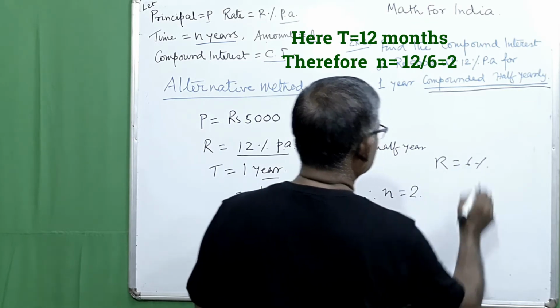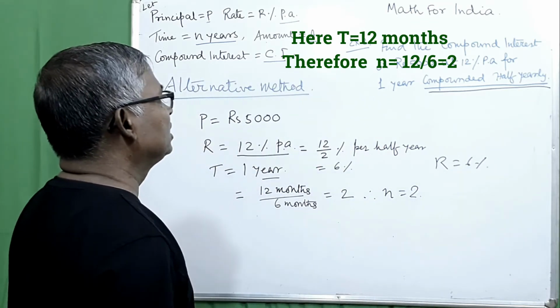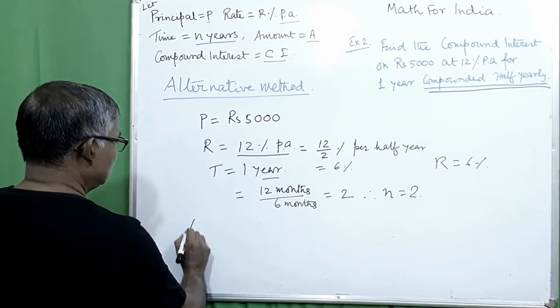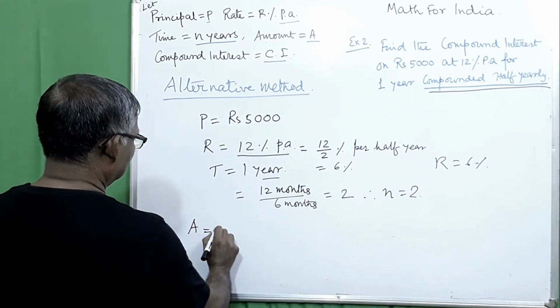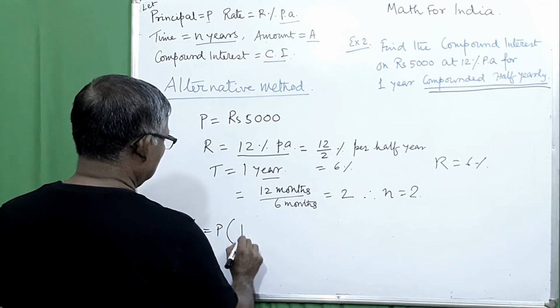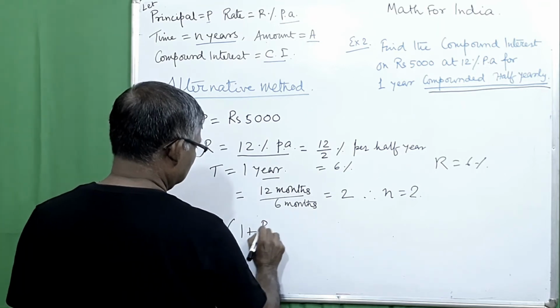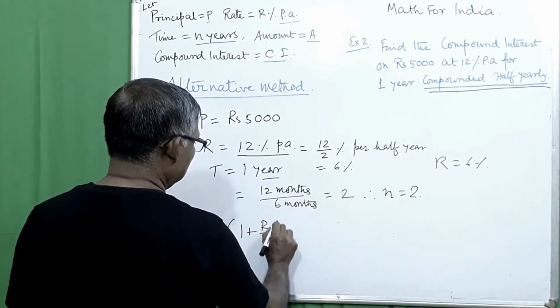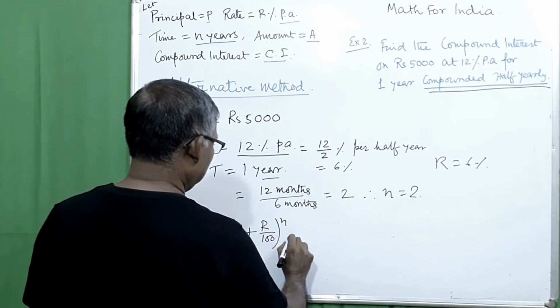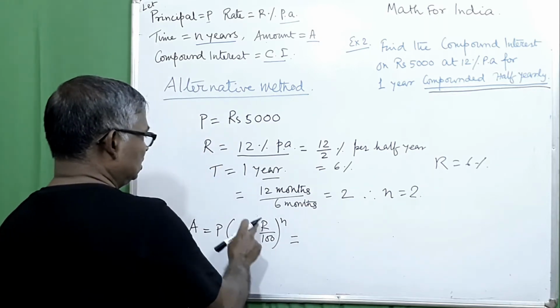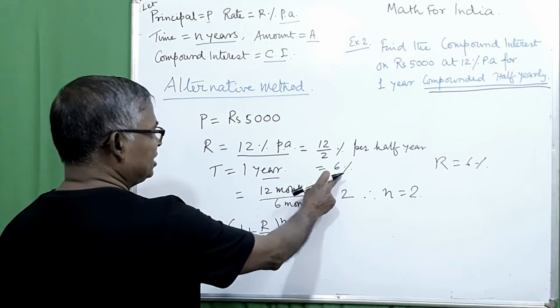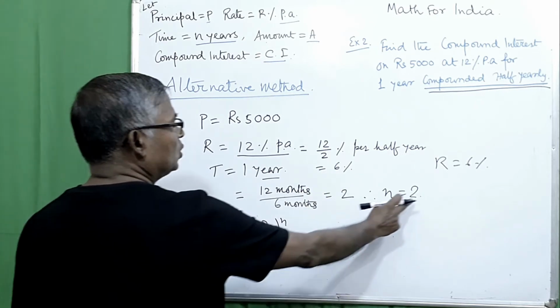Therefore N equal to 2 and R equal to 6%. So from the same formula we know A equal to P into 1 plus R by 100 whole to the power n. Here the new R is 6%, n is 2.